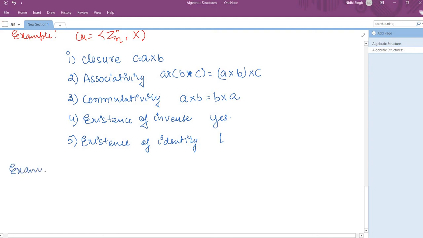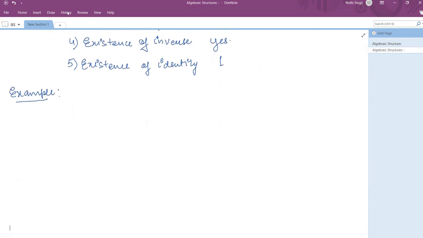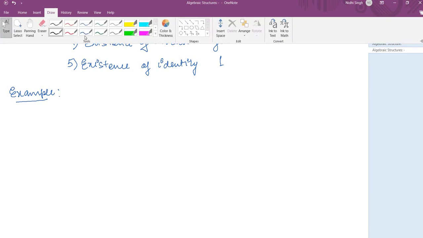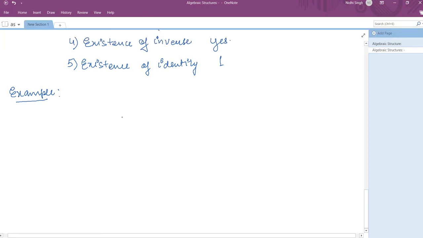Again, we have one more example in order to understand it more properly. In this example, we have a table. In the table, the elements are A, B, C, D, and the operation is the dot operation.